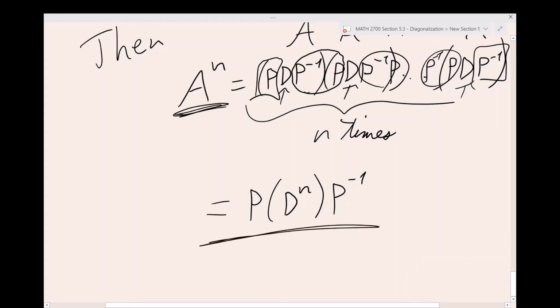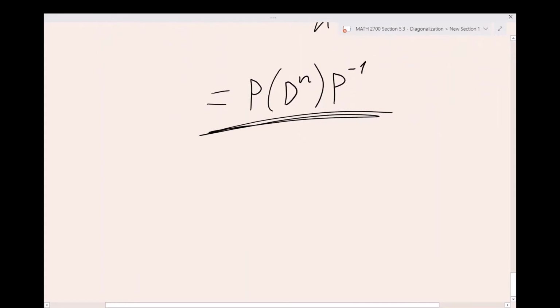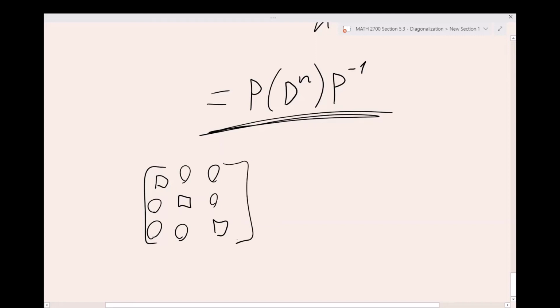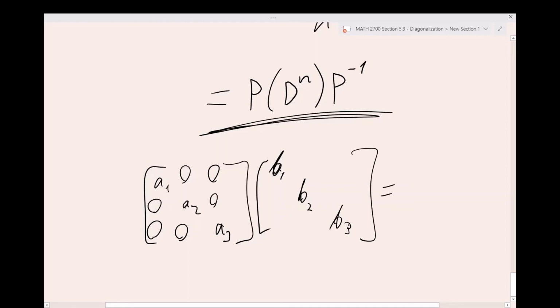But this is incredibly nice because one thing you proved in your homework was that for a diagonal matrix, if I only have non-zero stuff down that diagonal, if I do matrix multiplication with diagonal matrices, then the multiplication does happen coordinate-wise. And so if I want to take a diagonal matrix, let's call it A1, A2, A3, times another diagonal matrix, let's say B1, B2, B3, then the multiplication really does happen coordinate-wise.